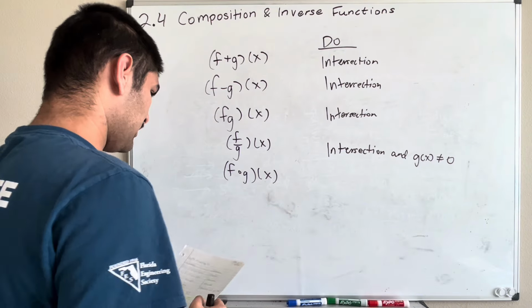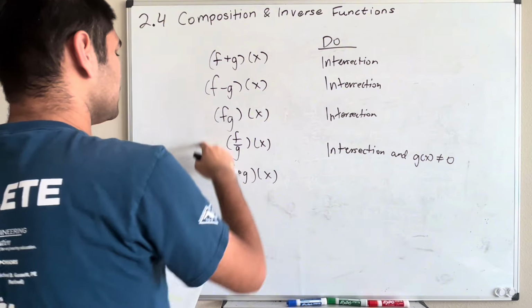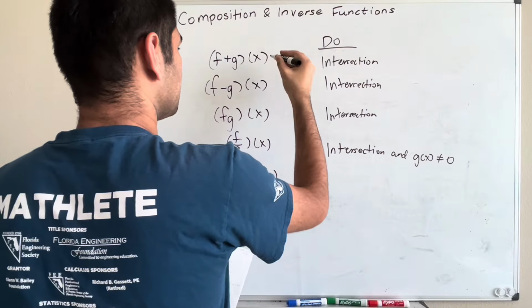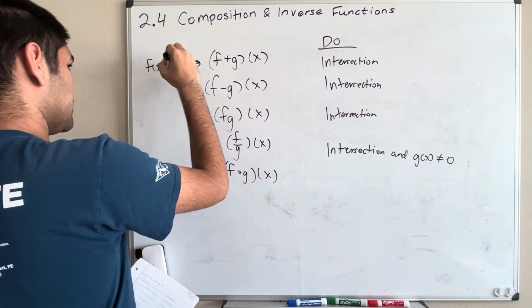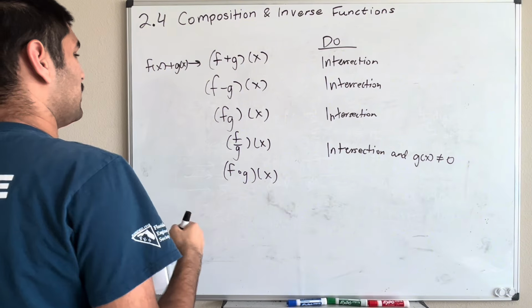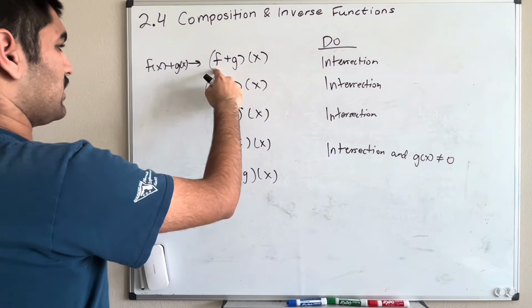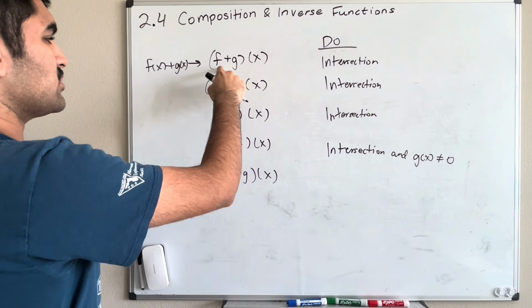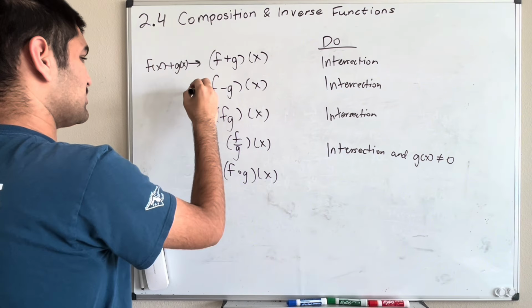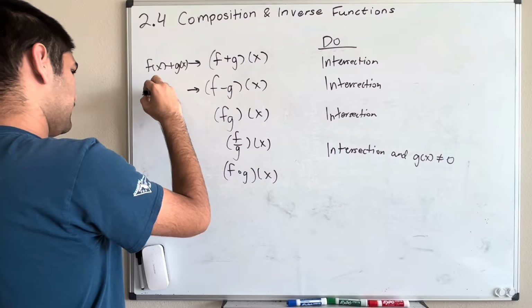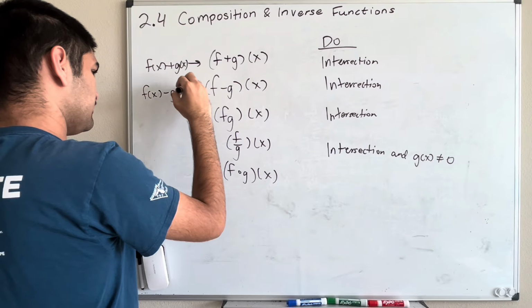So what does each of these mean? f plus g of x is simply f of x plus g of x. If you have two functions f of x and g of x, the operation f plus g of x is simply adding the functions together. This one is subtracting the functions: f of x minus g of x.